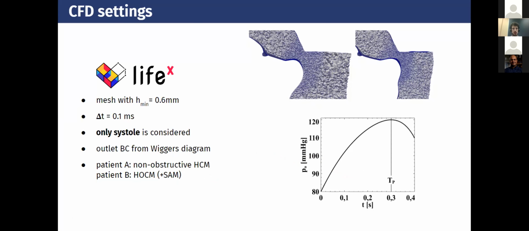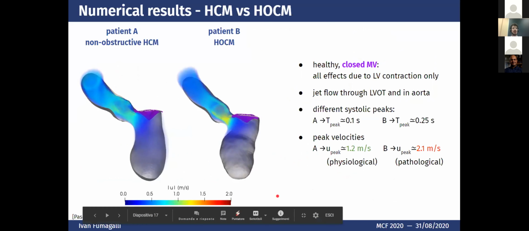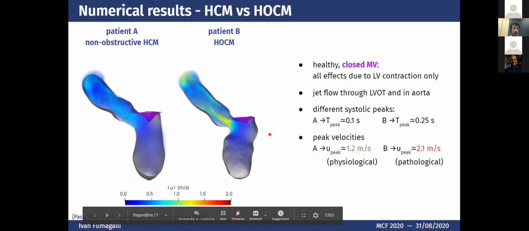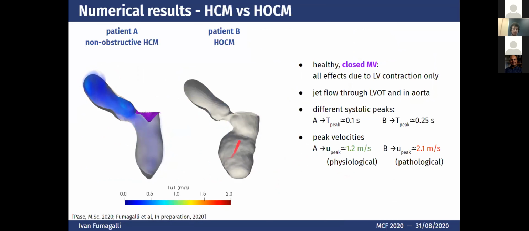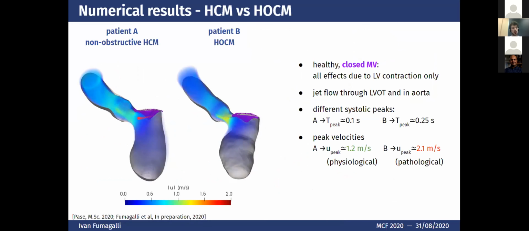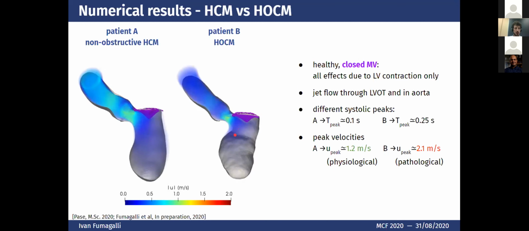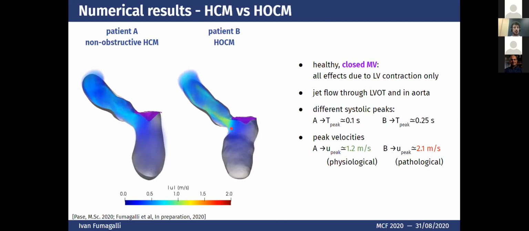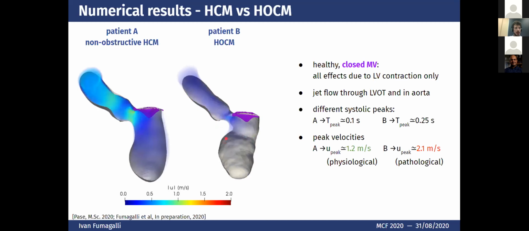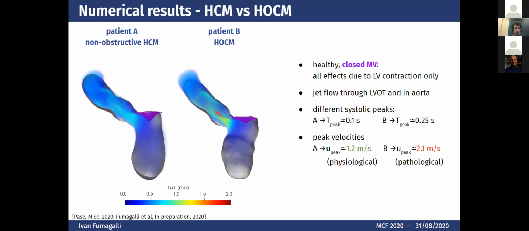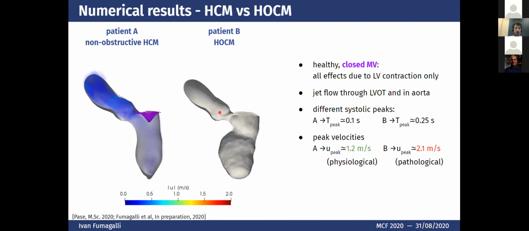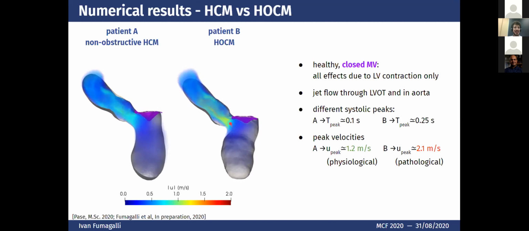So the two patients at hand have the following behavior. We consider for both of them at the beginning a healthy closed mitral valve. This allows us to focus on the aspects of the hemodynamical effects of the displacement of the ventricle and only this. This displacement induces a jet flow through the aorta, which is way stronger in the case we have an obstruction.